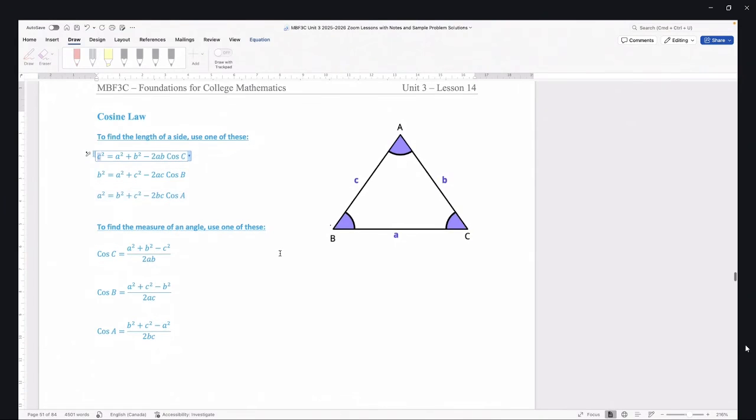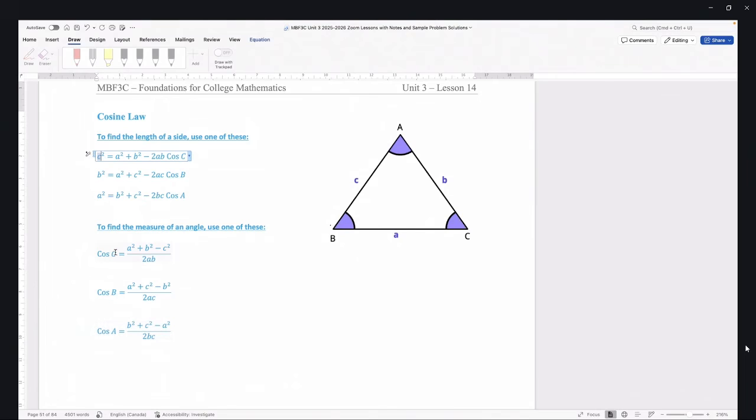When we're trying to determine the measure of an angle, if we know all three sides and none of the angles, then we can use cosine C equals a squared plus b squared minus c squared all over 2ab. Cosine B equals a squared plus c squared minus b squared over 2ac. And then cosine A equals b squared plus c squared minus a squared all over 2bc.